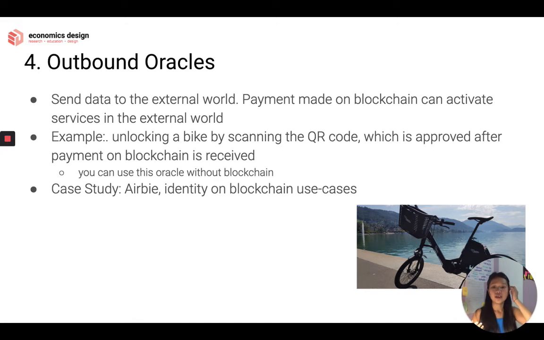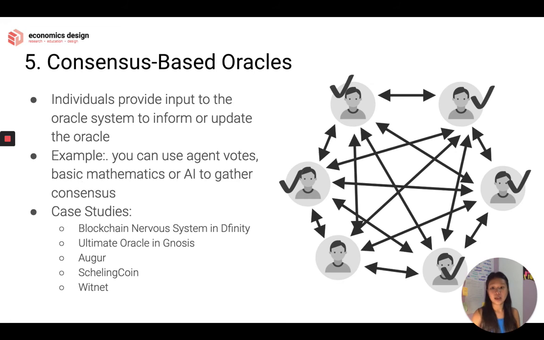Thing is, you can also use this without oracles, without blockchain, but this is just an example of a blockchain use case. There are also other use cases, and oracles can exist without blockchain. Just a quick note.